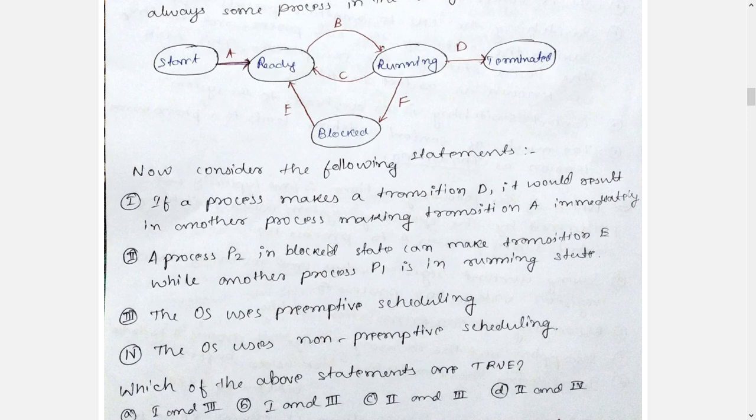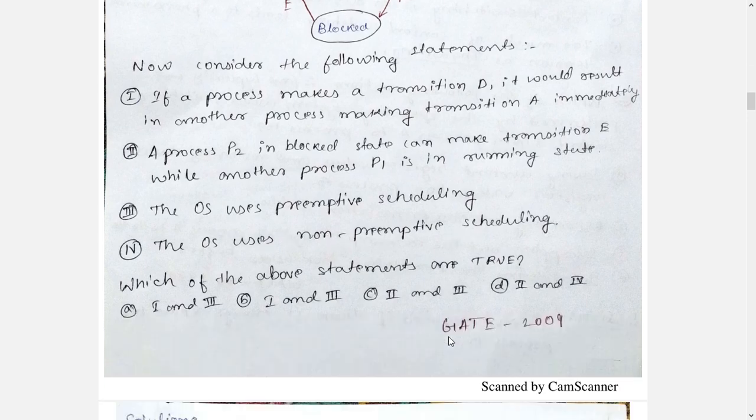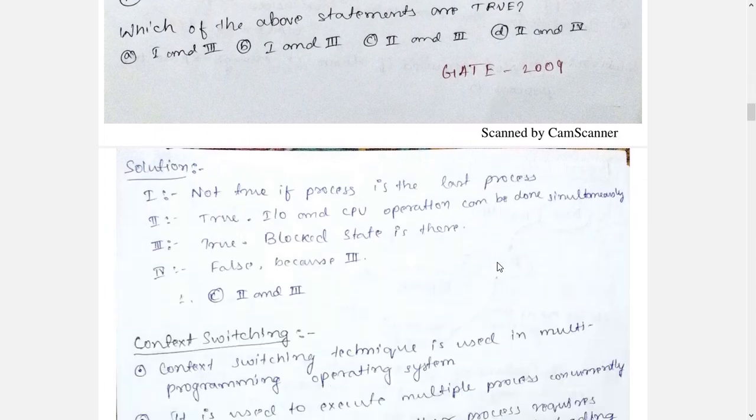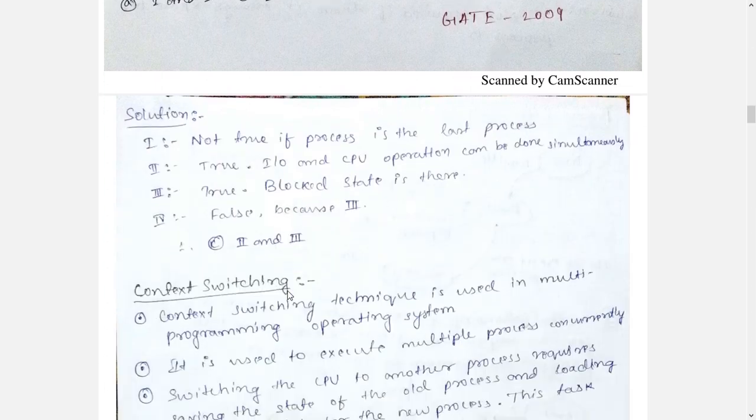Therefore, statement 2 is also correct. The OS uses preemptive scheduling. This is also correct. There is a preemption happening here, as we can see. But the OS uses non-preemptive scheduling is wrong. Therefore, the correct option is 2 and 3 because 2 and 3 are true.